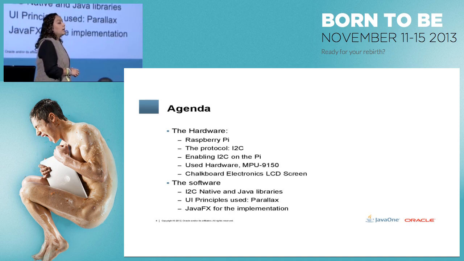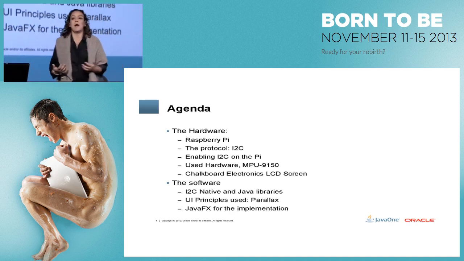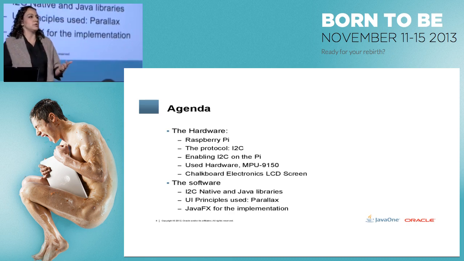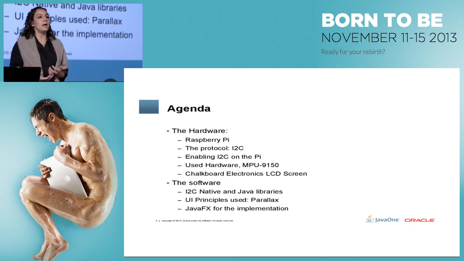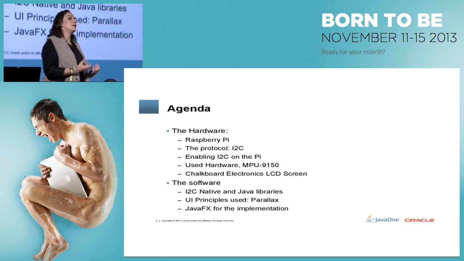Then the software. So we know that Java runs on the Raspberry Pi. You can have either Java SE Embedded or Java ME Embedded. So the first question is, which one should I take? When you look into Java ME Embedded, you have a great set of APIs called the Device Access API that allow you to easily connect to peripherals.